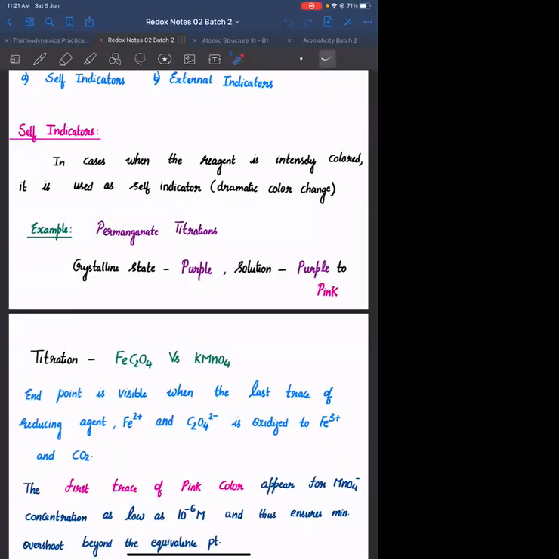Whenever you are introducing that drop-wise, whenever all the equivalents of H2C2O4 are consumed by KMnO4, that is called the equivalence point. After that, if you are introducing 1 drop of KMnO4, and if the concentration is as low as 10⁻⁶ molar, that particular concentration is sufficient to give you a color. So if you are adding a very small drop of KMnO4 after the equivalence point, you can see a color change.